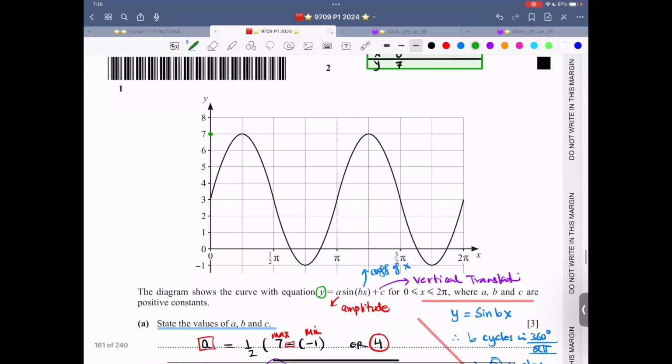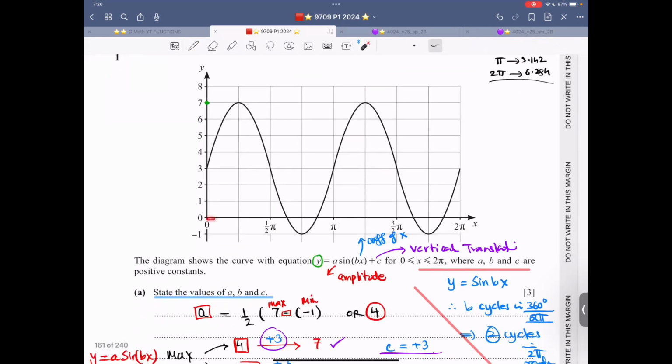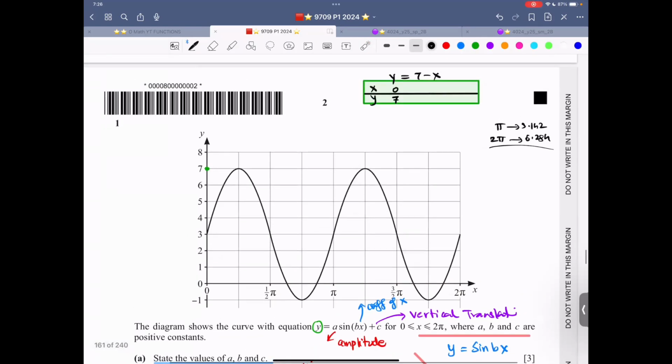And also remember this thing, that pi is 3.142. That's the value. 2 pi is 6.284. So now we will use approximate values for doing some calculation, because now the horizontal axis has pi in it. So let's say I take x is equal to pi.